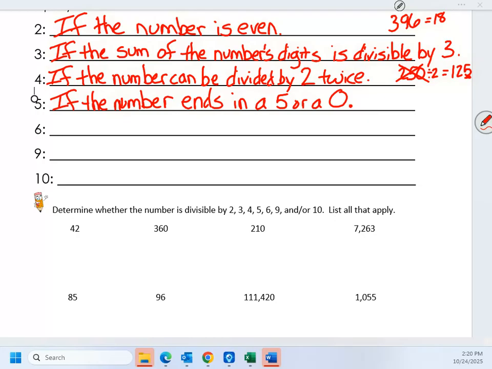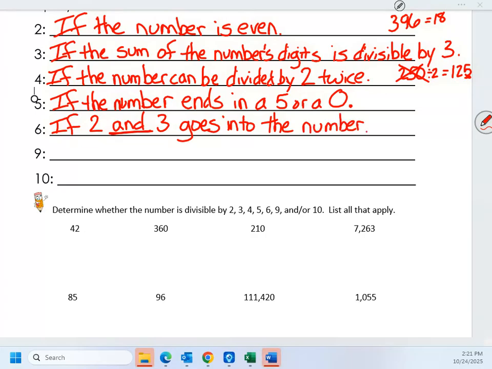For 6, if it's divisible by 6, it's if 2 and 3 go into the number, it's divisible by both 2 and 3. So we have to see first, is it an even number?